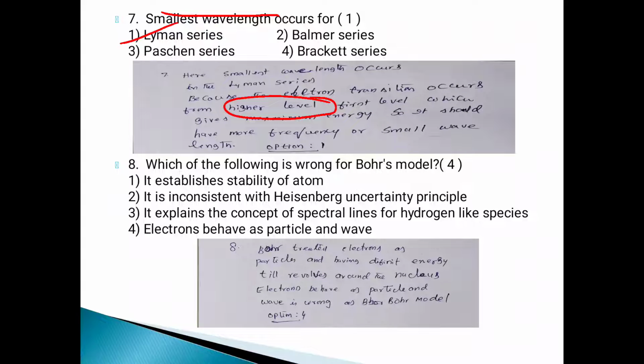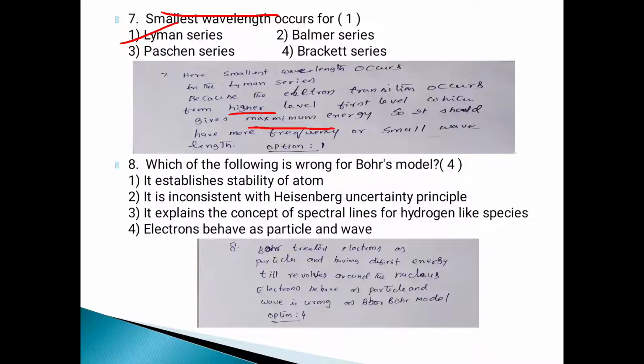If you get maximum energy, it should have the smallest wavelength. So that is possible only with the Lyman series, where the transition takes place to the ground state, that is the first energy level, the lowest energy level in an atom.